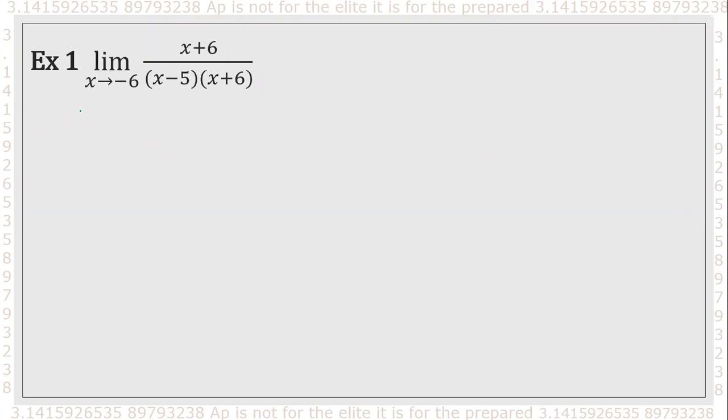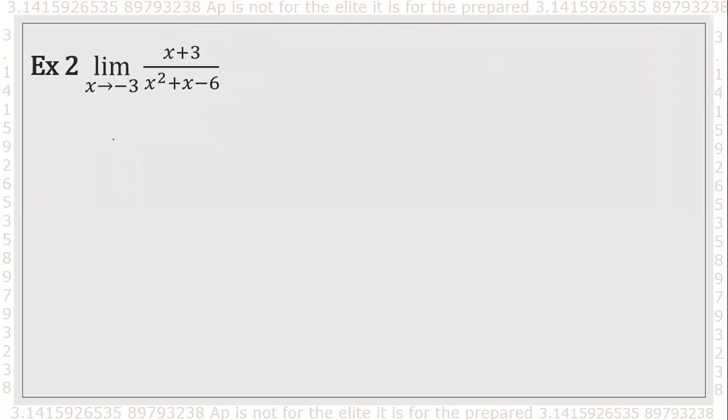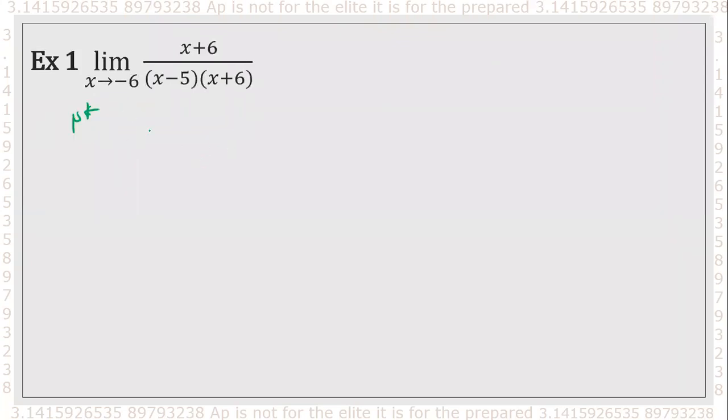So first, what I'm going to go ahead and do is find out what happens if I use direct substitution. If I do that, I put the -6 into all the x's, right?